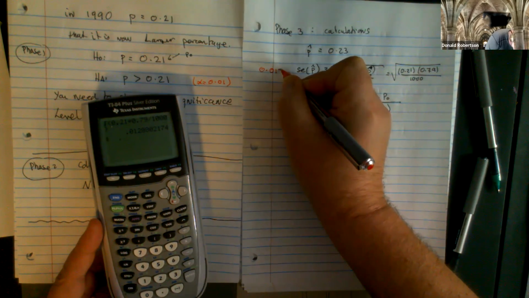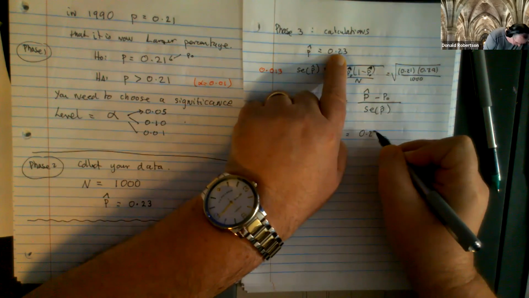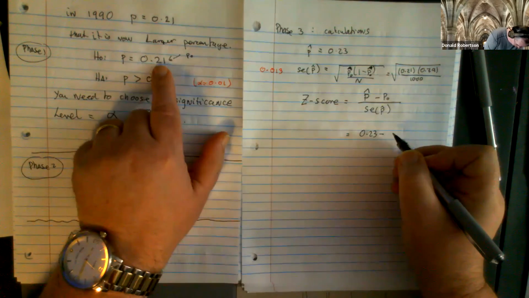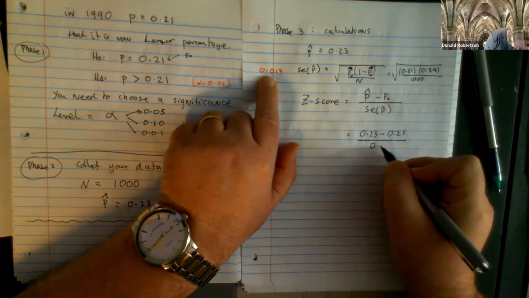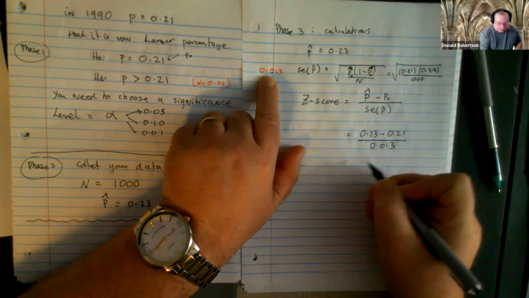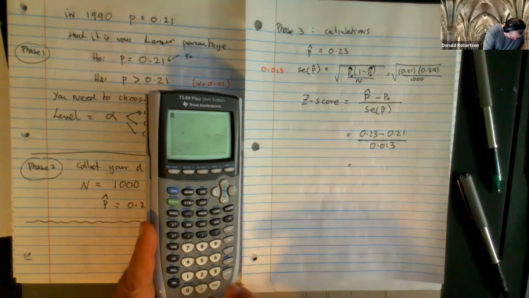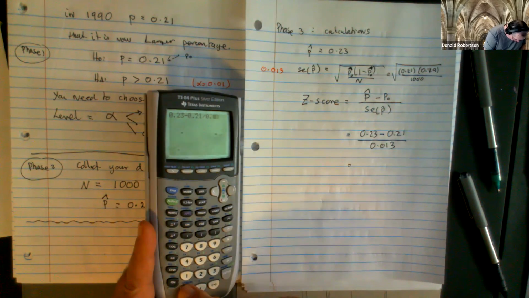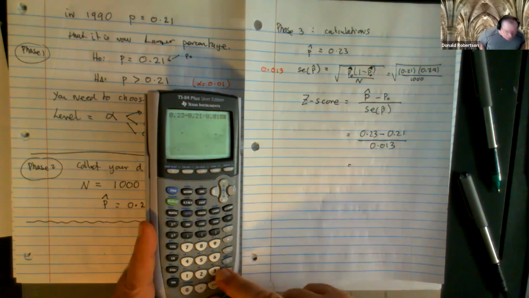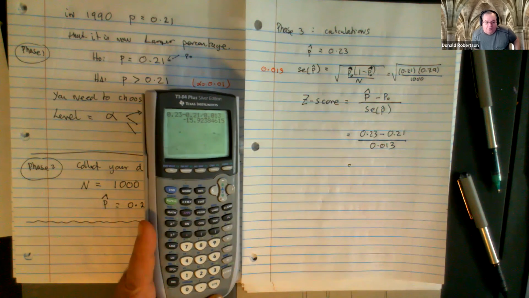So the Z-score is p-hat, which is this number, take away p-naught, which is this number, divided by the standard error, which is this number. And let's just do a deliberate mistake. 0.23, take away 0.21, divided by 0.013. And that number is weird, and it's also wrong.